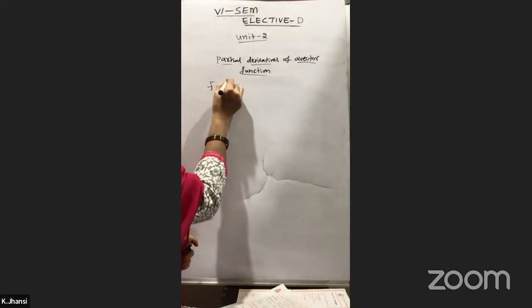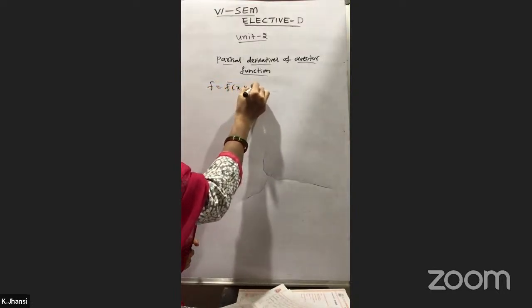So here f is any function of x comma y comma z. So it has three independent variables, that is, f is a function with the three independent scalar variables x, y, z. Okay.